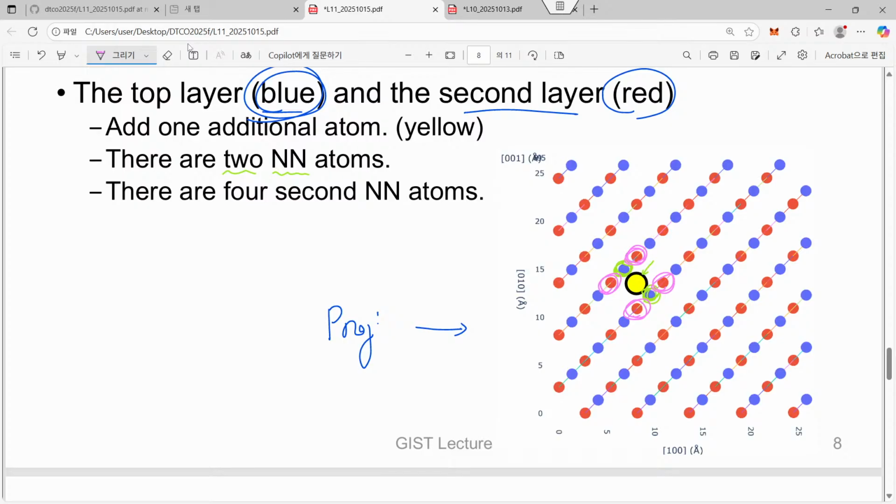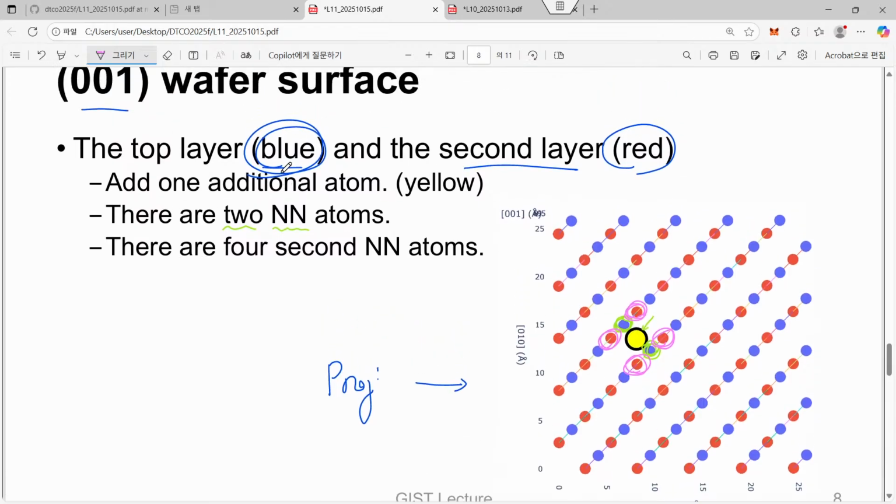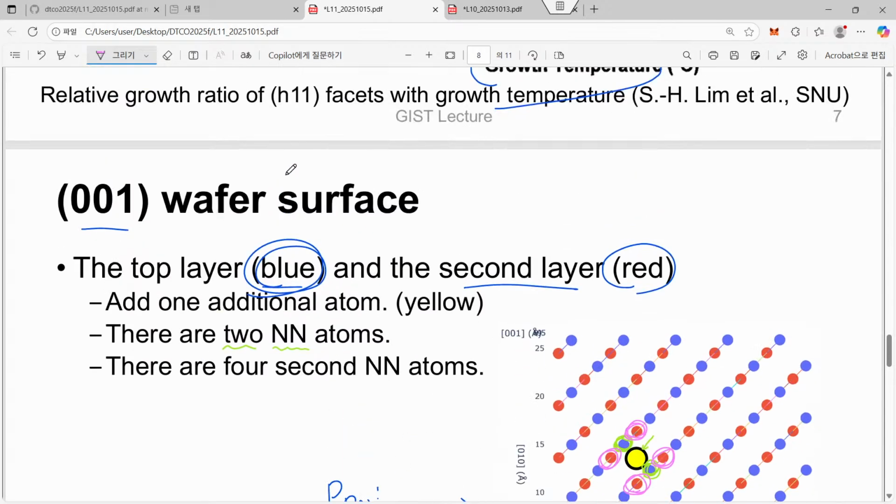So it means that once a silicon atom is placed on the completely flat surface, it can be connected to two nearest atoms and four second nearest atoms. So that is the situation for our perfect 001 wafer surface.